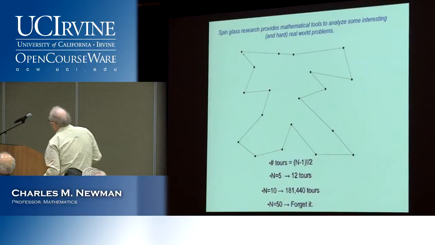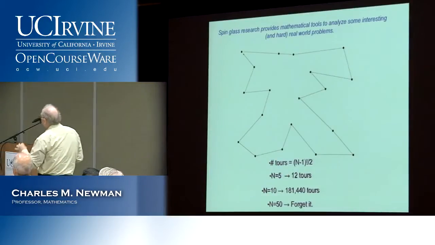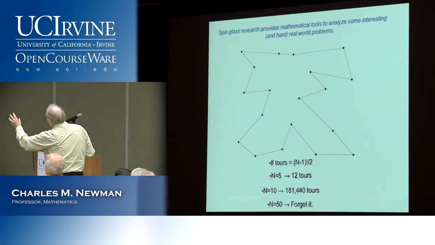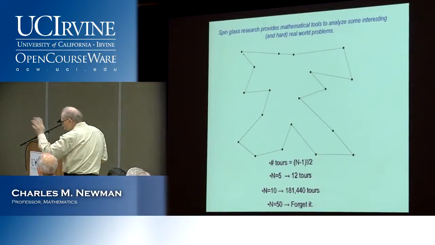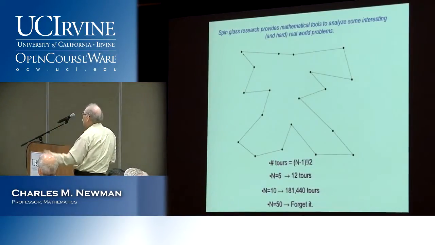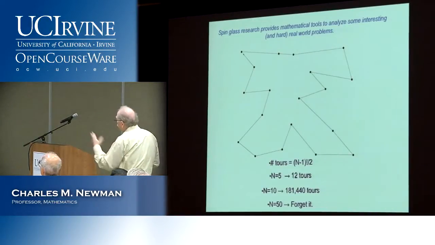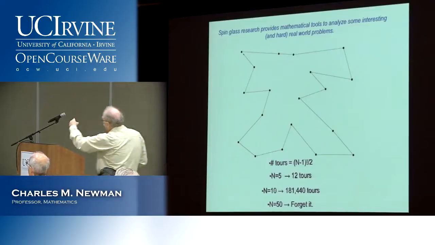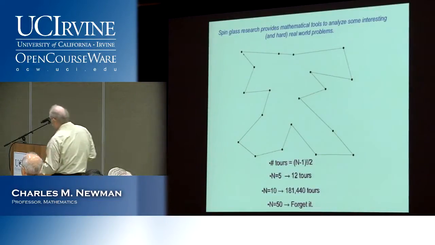There's a simple mathematical formula. If there are n cities, the number of possible tours is (n-1) factorial divided by 2. The factorial means take that number, multiply it by the one below it, the one 2 below it, the one 3 below it, till you get to 1. Then divide the whole thing by 2. The factor of 2 is because we're not distinguishing between going clockwise or counterclockwise around the particular tour.